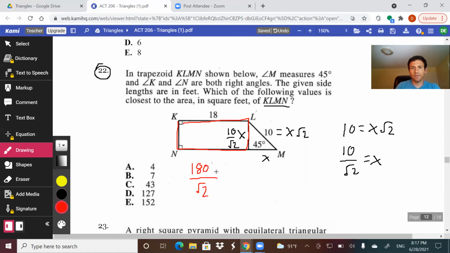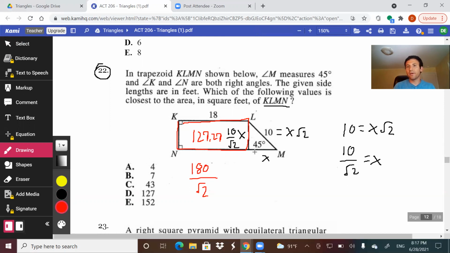And I know that's not rationalized. You can multiply it by root 2 over root 2, but let's just quickly pop that in the calculator and see what we get. So that gets us, interestingly enough, 127.27.